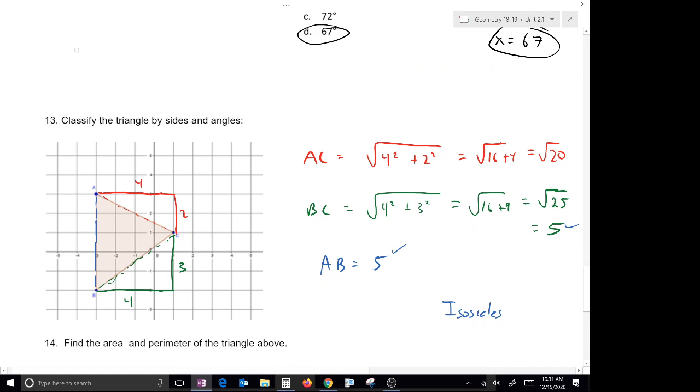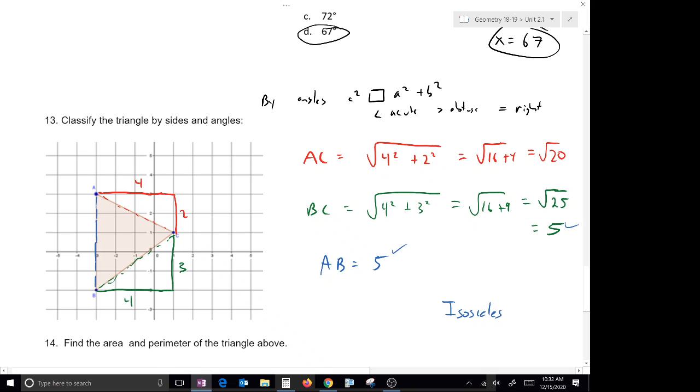To classify by angles, remember it's c squared, blank, a squared plus b squared. If it's a less than sign, it's acute. If it's a greater than sign, it's obtuse. And if you have an equal sign, it's right. Okay? So in our box here, we're going to put our longest side.